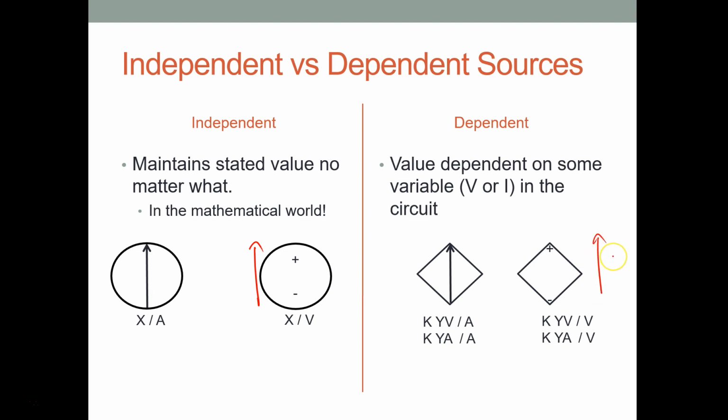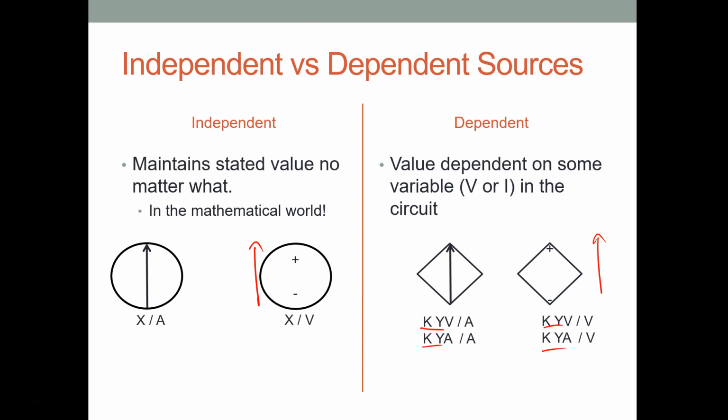So now the dependent sources could depend on either a voltage or a current at some other part of the circuit. So here we have, in this case, KY volts or KY amps. This refers to some constant at some other point in the circuit.